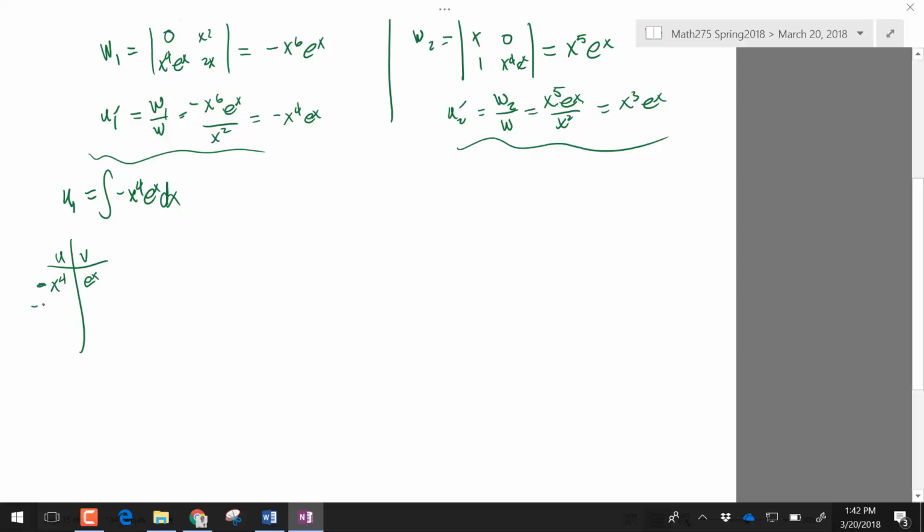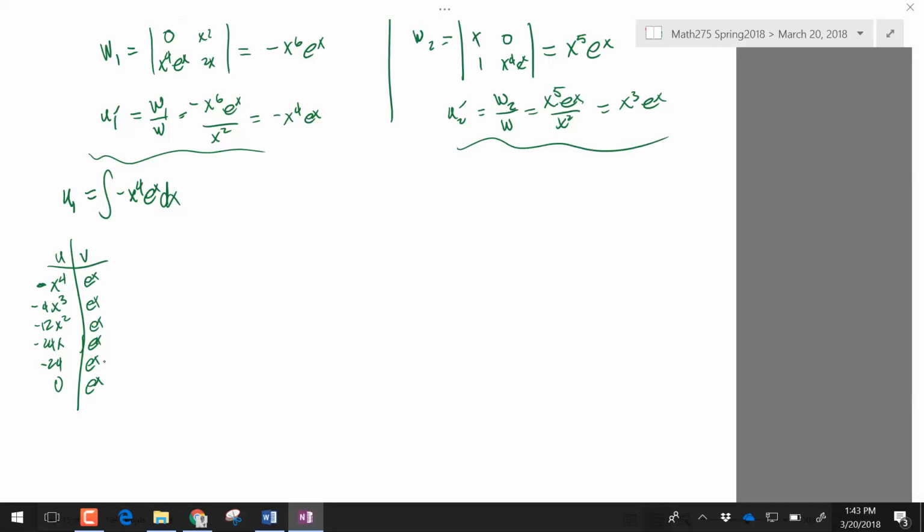It's kind of cool. Minus 4 x to the third, minus 12 x squared, minus 24 x, minus 24. And then eventually it'll stop. And then you have the antiderivative of e to the x, just e to the x itself.